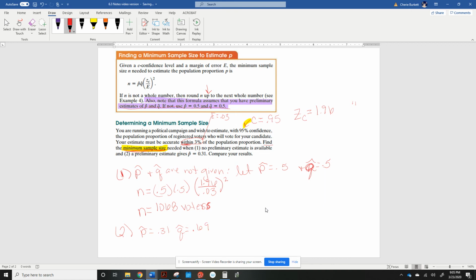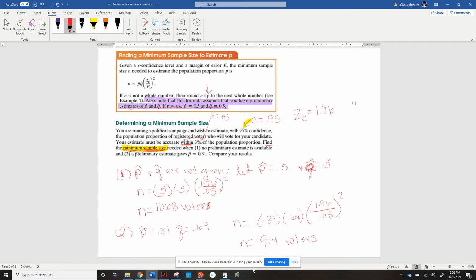And so we can calculate n by saying 0.31 times 0.69 times, and we're going to do 1.96 again. Still have a margin of error of 3. We square those two, type all of that into your calculator, always round up, and you get 914 voters.